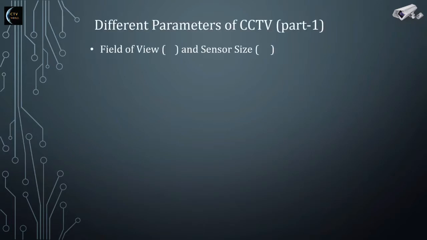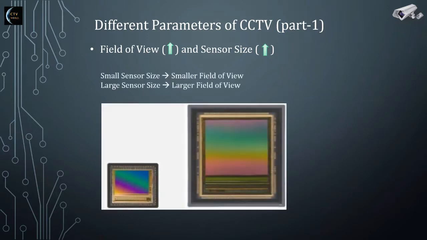Now, let's see its impact on sensor size. Here, the field of view is directly proportional to the sensor size. That means the smaller the sensor size, the smaller the field of view, and the larger the sensor size, the larger the field of view. If you take a 2 megapixel camera with different sizes of sensors, you may find a different field of view for both cameras.